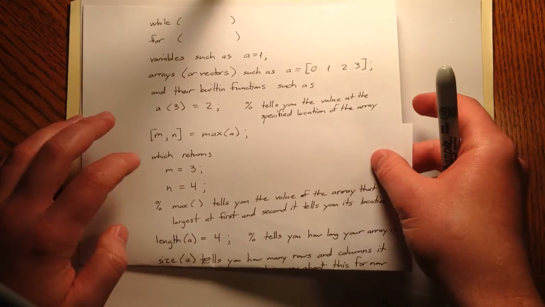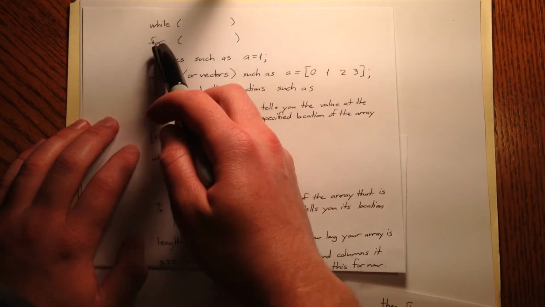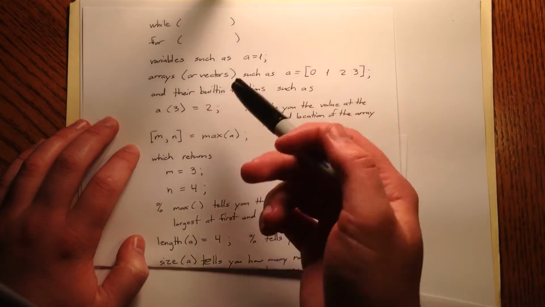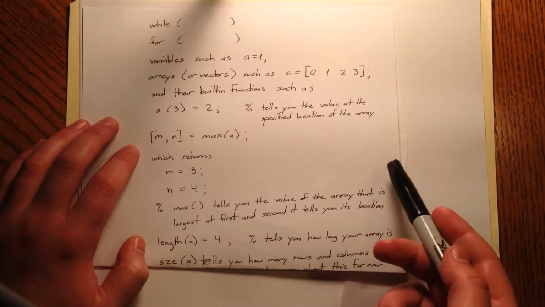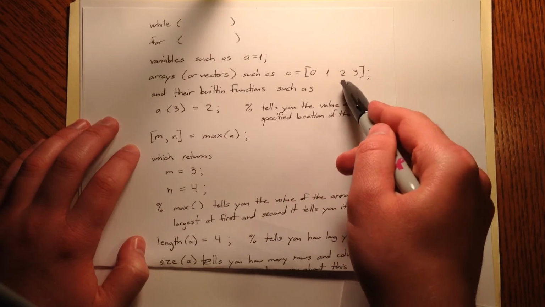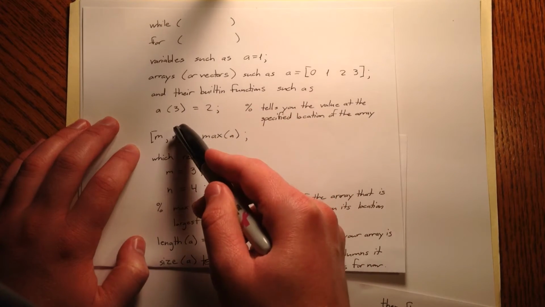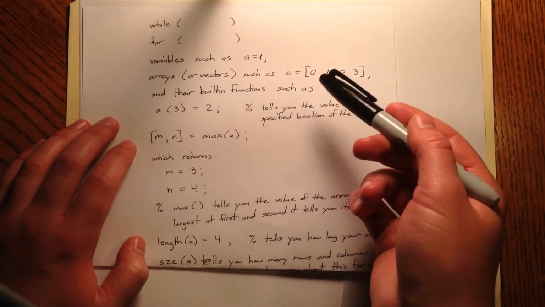And I have loops, like while loops, for loops, of course a variable, and I have arrays and the properties of arrays we should note.